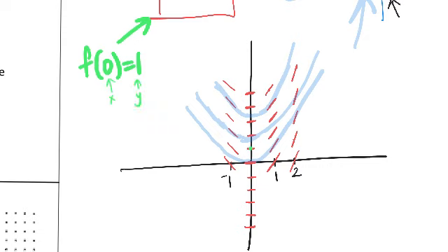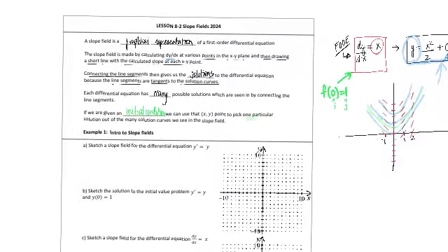So I want to be at this point, and then from there, I want to draw my solution curve. Well, you'd follow the direction of the tangent lines, and you would get a specific curve that goes through that particular point. And that would be the particular solution to that differential equation.